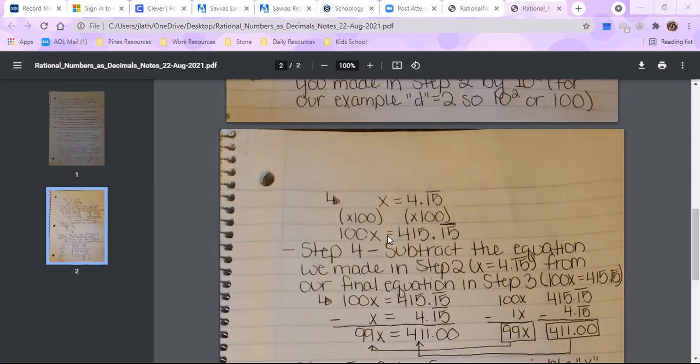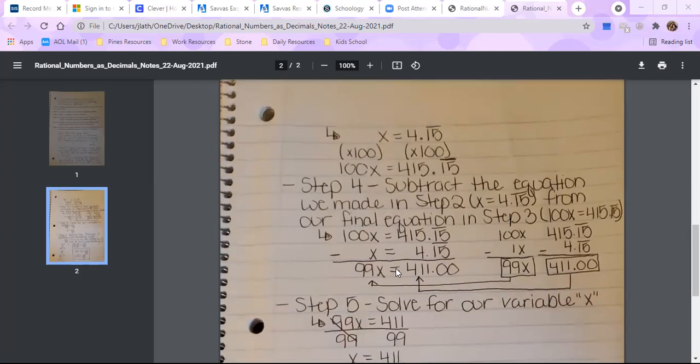where we are going to subtract the original equation from the one that we just made. So we have the equation that we just made here, right? Here's our equation from step 2. And we're simply subtracting.